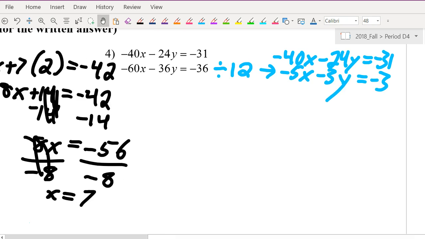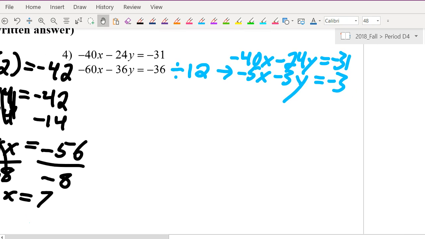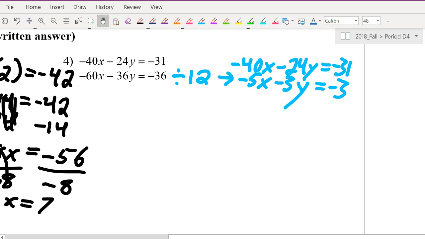Okay. Now what? And then you would want to multiply it by negative 8. Yep, negative 8. So times negative 8.